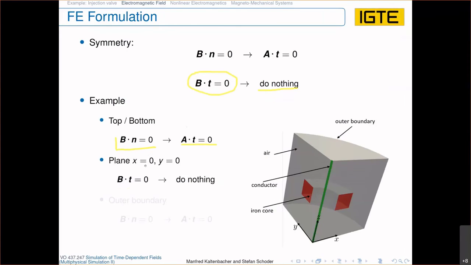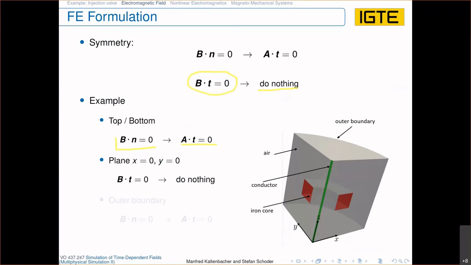Now we have the plane x equal 0 and y equal 0, which means this front plane and this front plane. So shown here, this front plane and this front plane. And here we know that the tangential component of the magnetic flux density should be 0. That always the magnetic field goes around a current conducting conductor, as we know from Ampere's law.